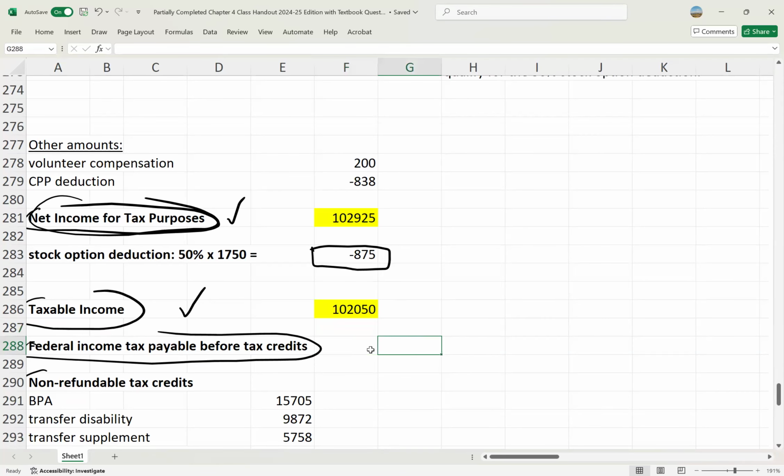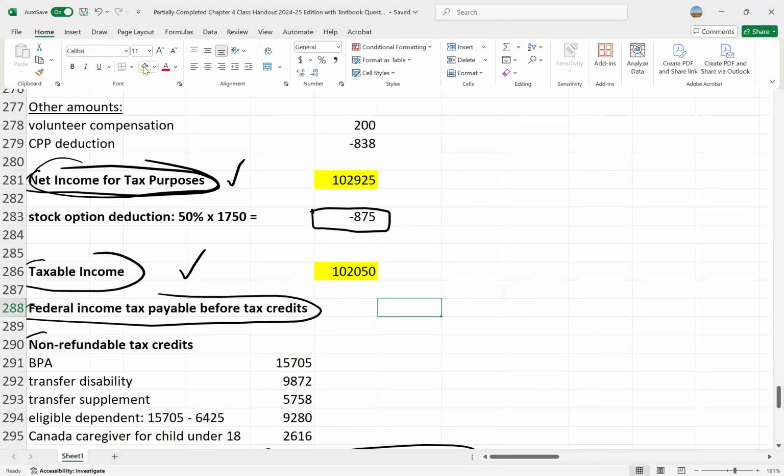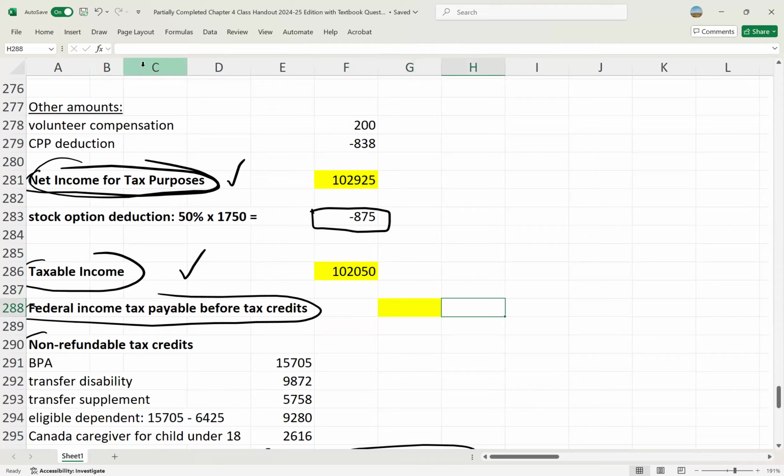So let's move it over here. Once again, using your rates table, we now have the taxable income of $102,050. See if you can calculate the federal income tax, once again, using your rates table before tax credits.